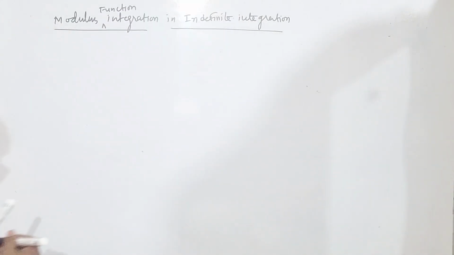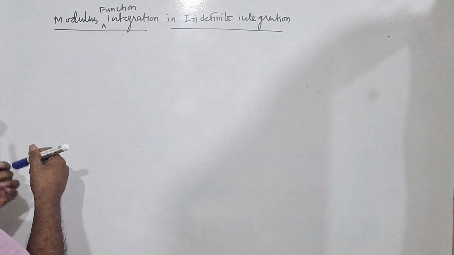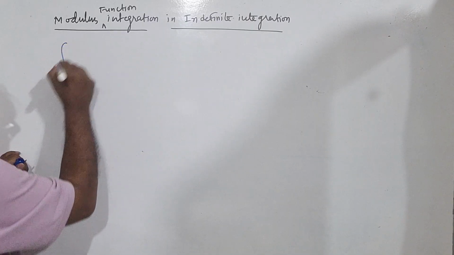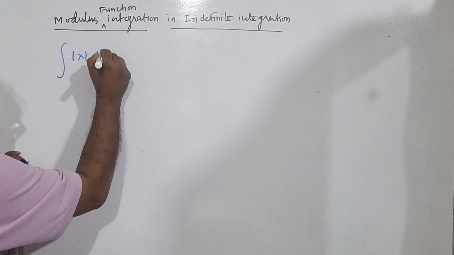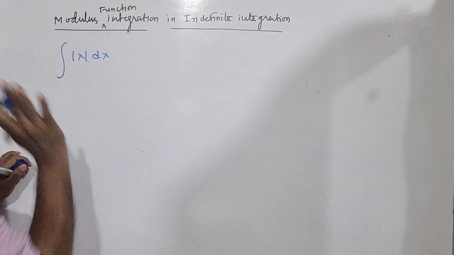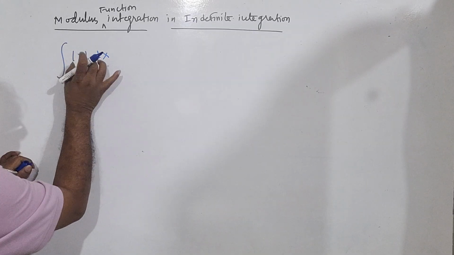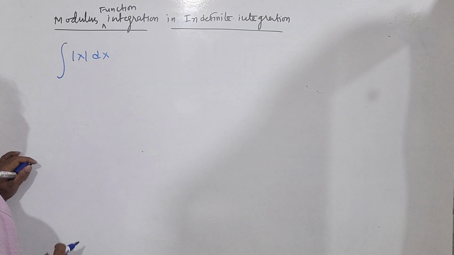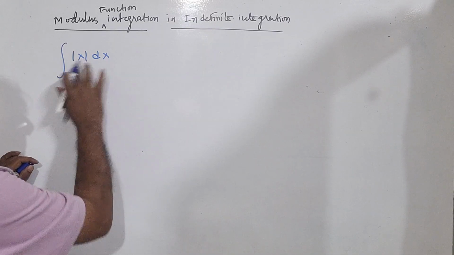Okay, see, suppose that I want to integrate modulus of x dx. Okay, this is indefinite integration. I want to integrate this. So what happens? I will first of all open this.